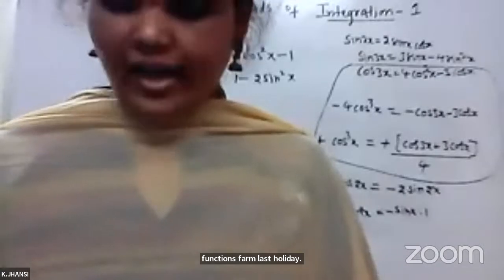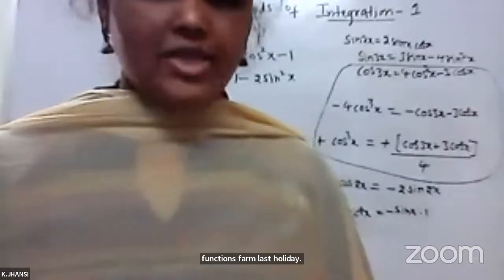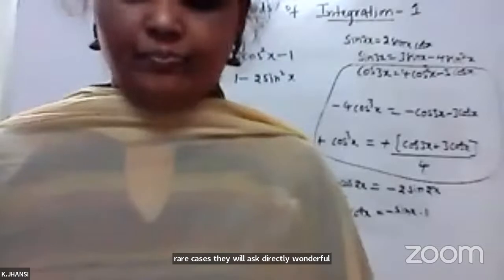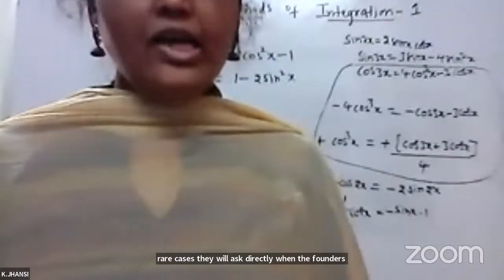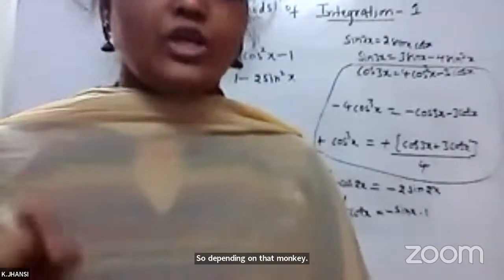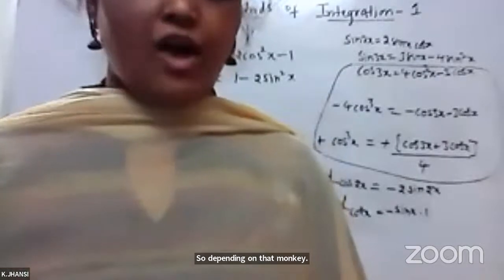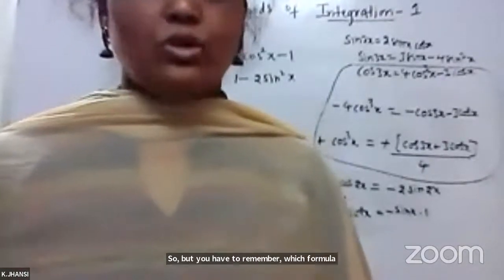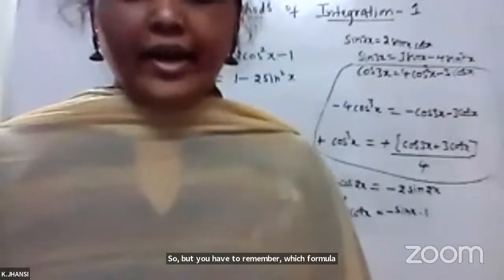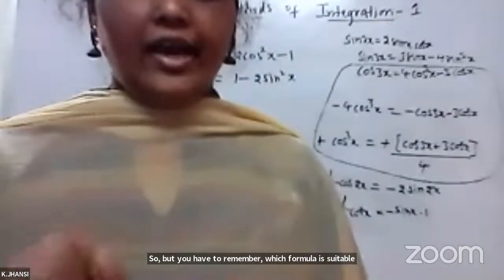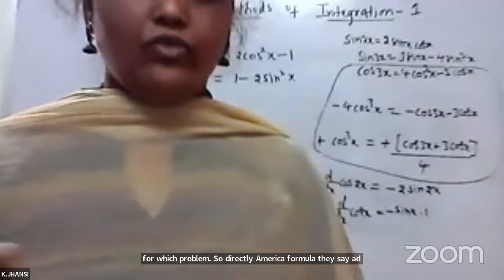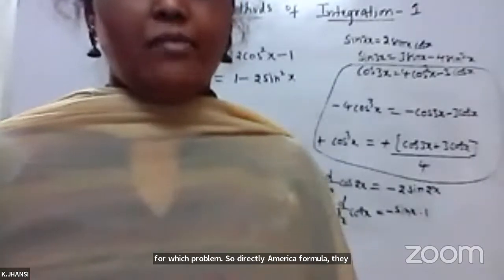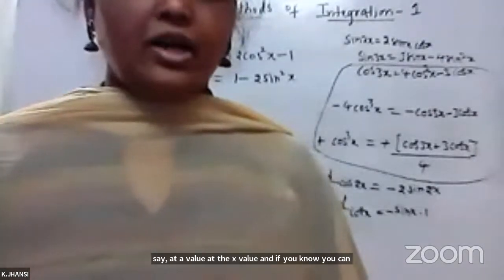Only in some rare cases will they ask them directly. These are actually the proofs of the formulas, so multiple choice and objective type questions come with these formulas. You have to remember which formula is suitable for which problem. If you know the formula, which is the a value and which is the x value, and you substitute in the formula, you will get the given option in the question.